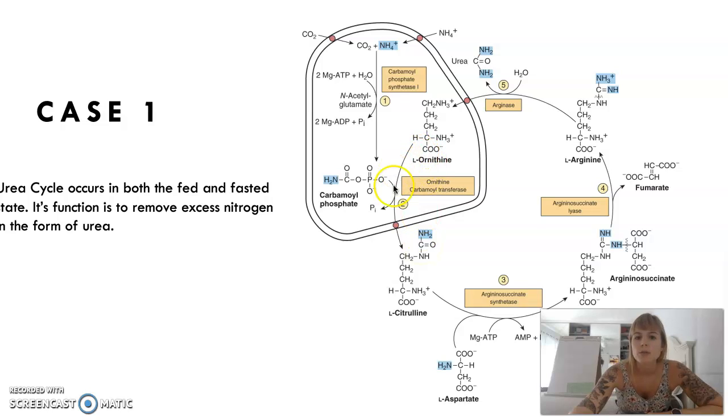And it goes through a series of reactions until we get to arginase, which is going to release the ammonia into urea, and then the urea will be excreted, and the ornithine continues the cycle. And the main regulator of this pathway is carbamyl phosphate synthetase 1, and it requires N-acetylglutamate or NAGS and ATP to be able to function.